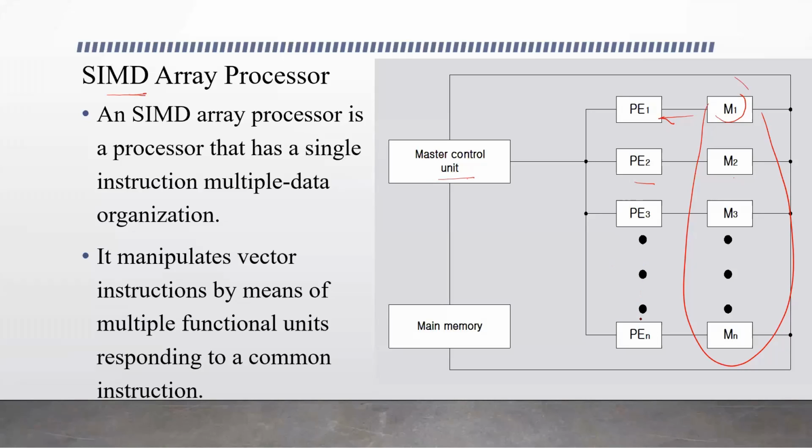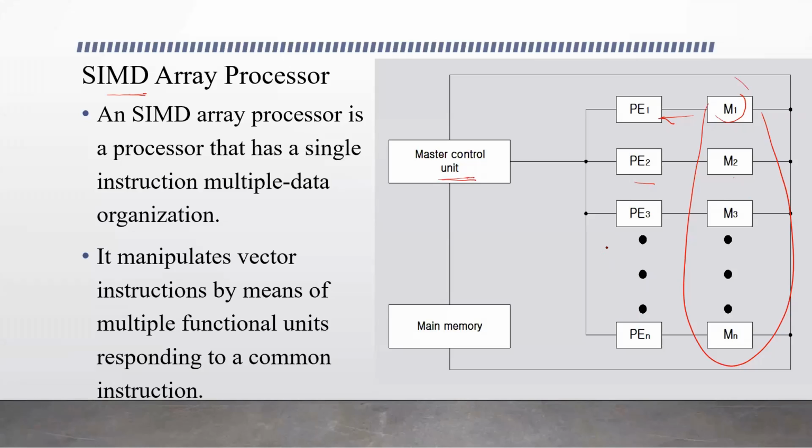All these processing elements process the same instruction sent by the master control unit. So the master control unit controls the processing of a single instruction in different processing elements on multiple data.